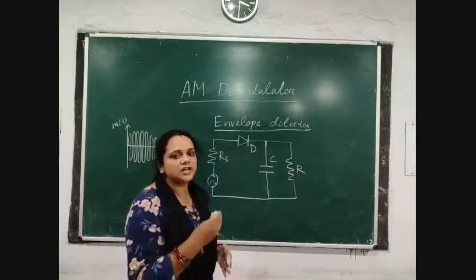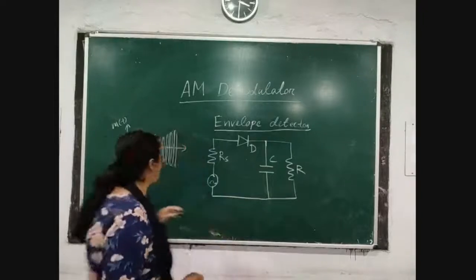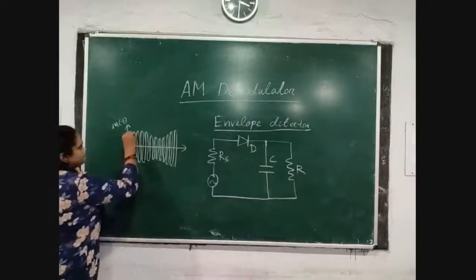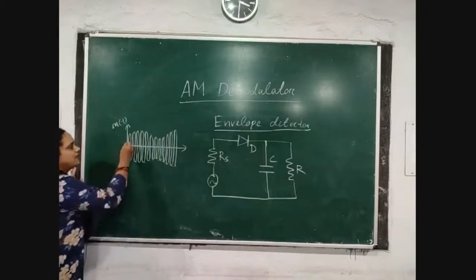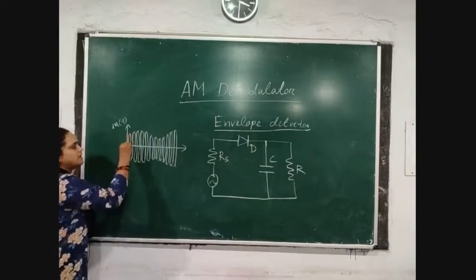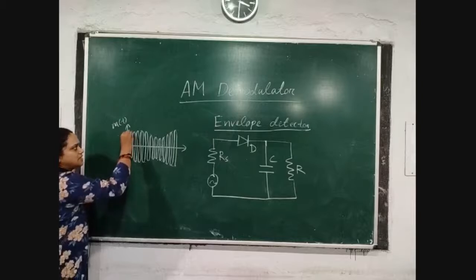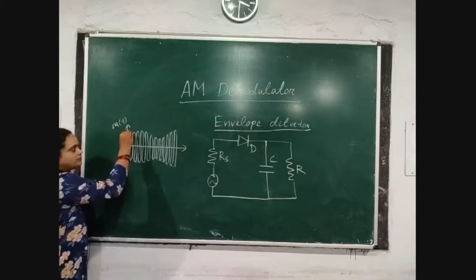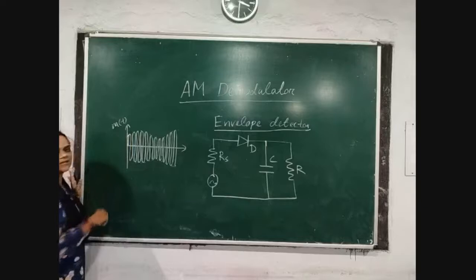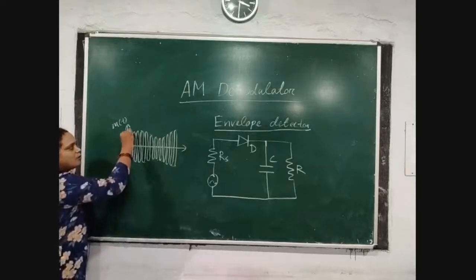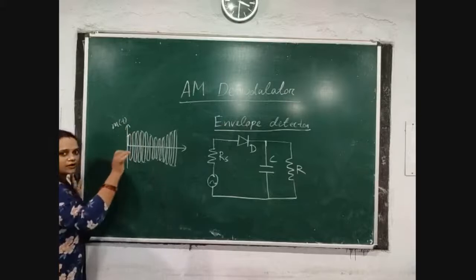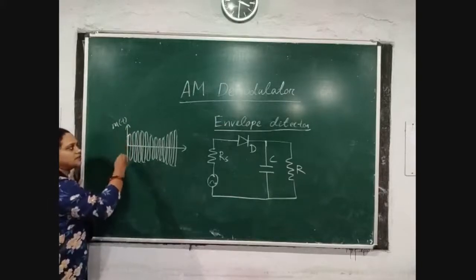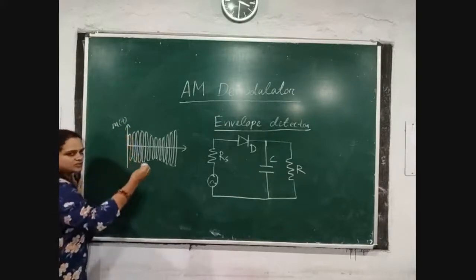So how does it charge and discharge? See here, when we give the positive half cycle, the capacitor charges up to the peak value. Then when the negative half cycle comes, there is no conduction, and at that time the capacitor starts to discharge.